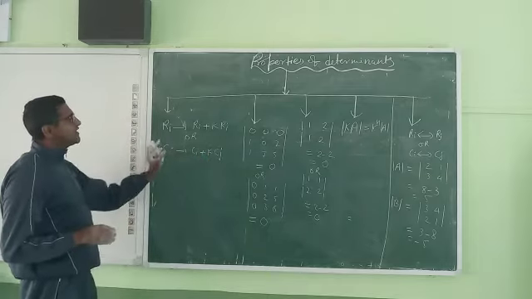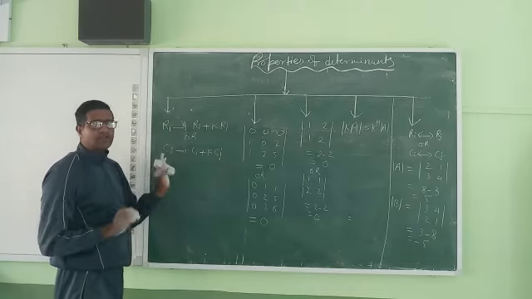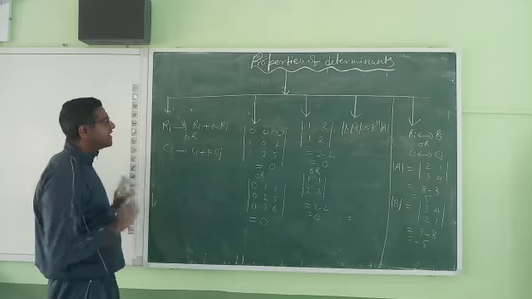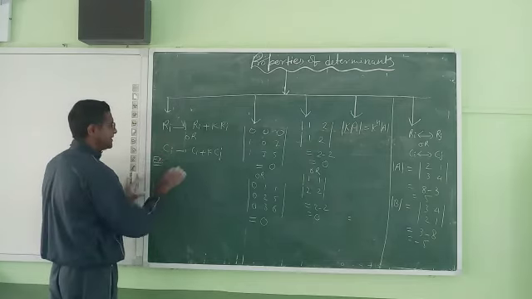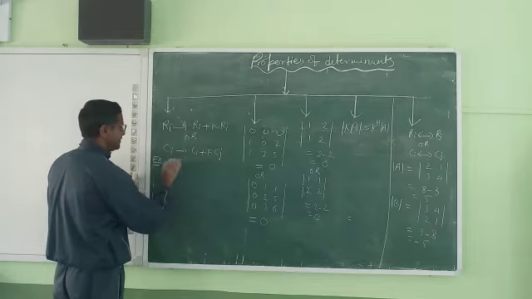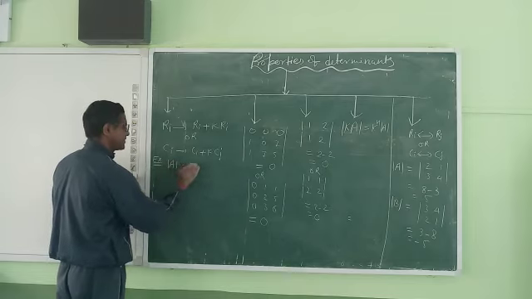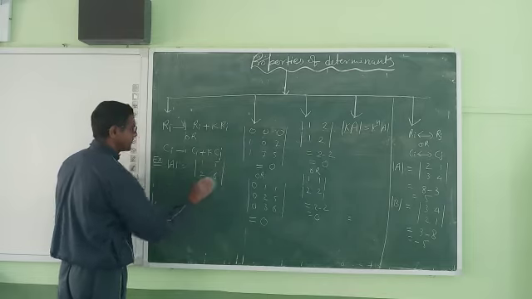If you apply an operation like that in any determinant, then the value of the determinant will be unchanged. Let us see with the help of an example. We have a determinant A having elements 1, 5, 2, 6.